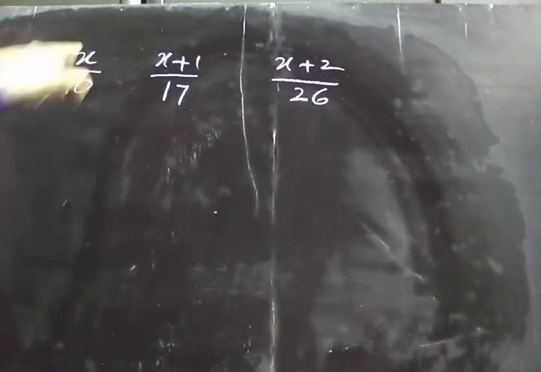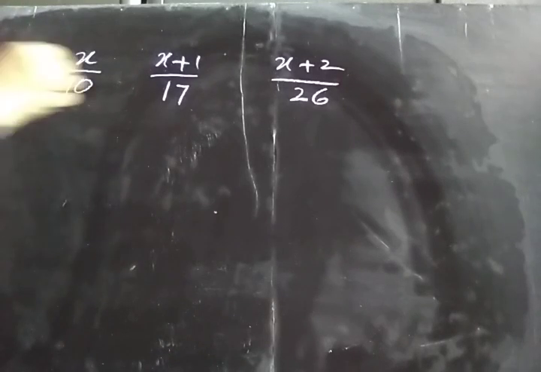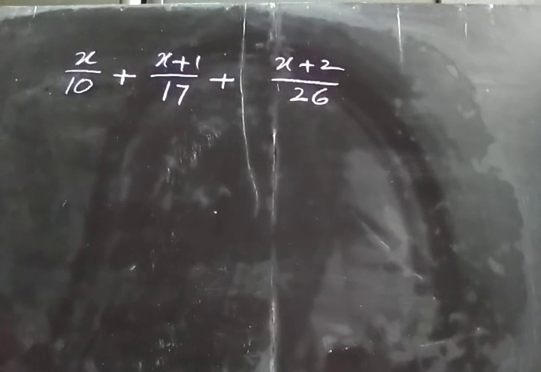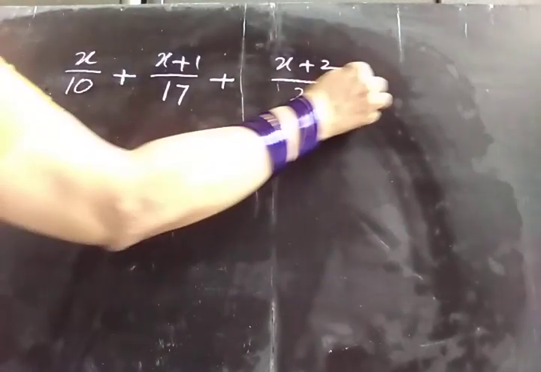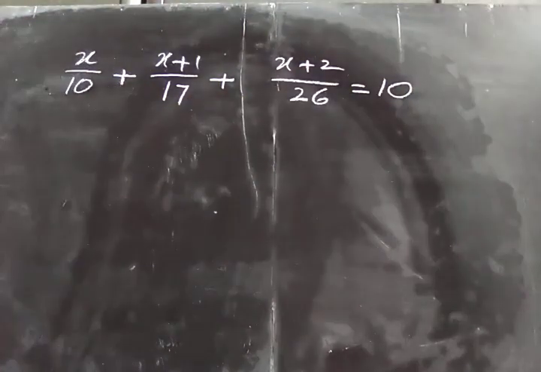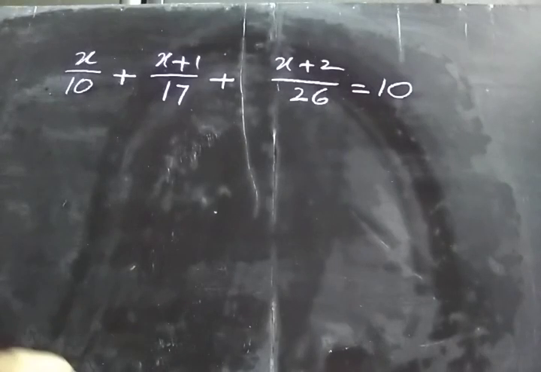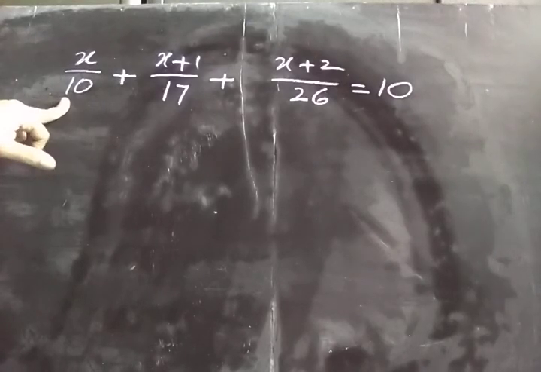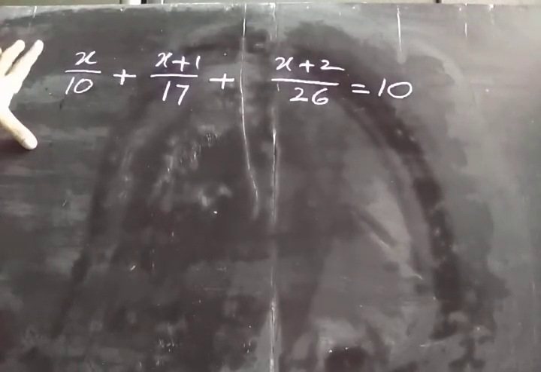For this quotient, x by 10 is the quotient result. Those results you have to add. Sum of those results will be 10. Quotients means results only. Okay. If the first number x when divided by 10, some result we will get.